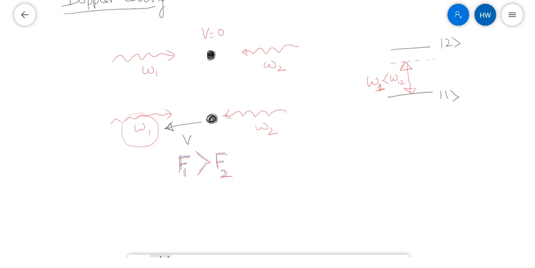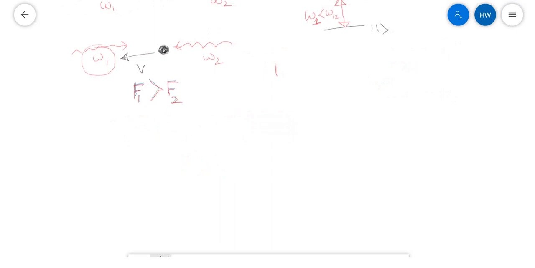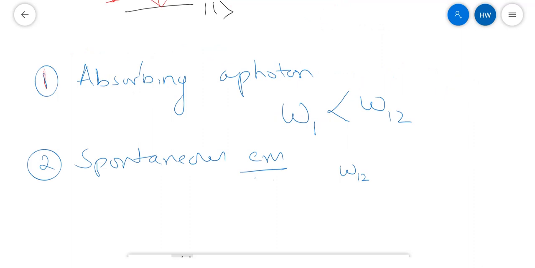So think of it energetically. What you have is, to begin with, the atom absorbing a photon omega 1, which is smaller than omega 1 2, and as a following step it would spontaneously emit. Omega 1 2 is going to be given away. Clearly omega 1 2 is larger than omega 1. That would mean what?